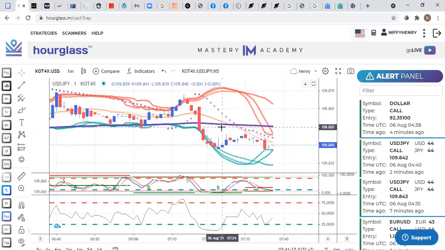Okay, so now you're looking for buys. These lines also act as support and resistance lines, just the same way your horizontal line works. When the candle touches the band below, the blue band, you're looking for buys because it's going to come up. Once it touches this line, you're looking for buy.